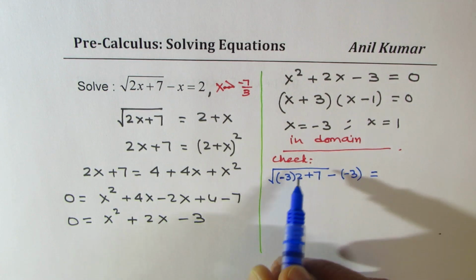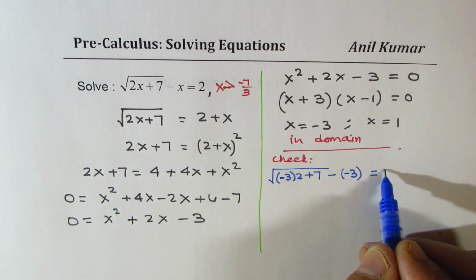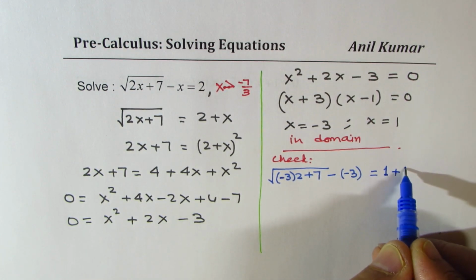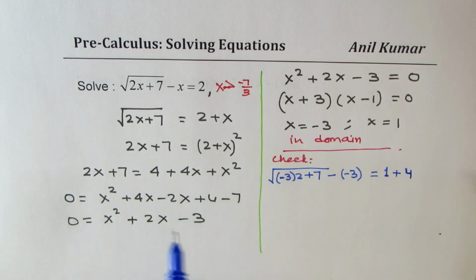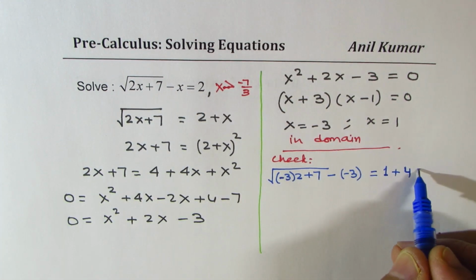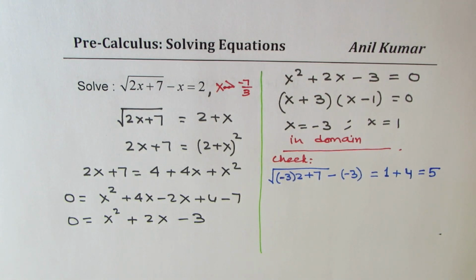So that gives you minus 6 plus 7, which is square root of 1, which is 1. And here, positive 4. So when you substitute minus 3 for x, this becomes positive, and the result is 5. It is not what you expect. It is not 2.